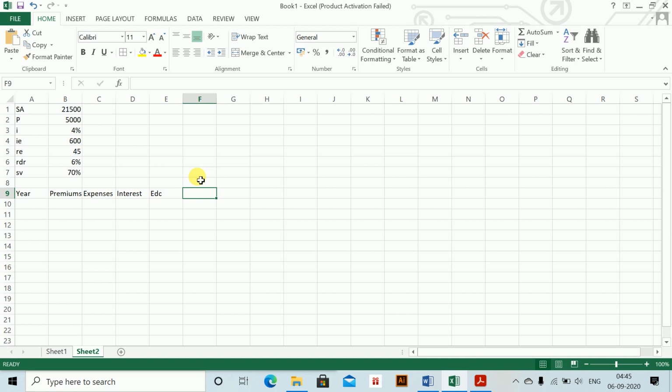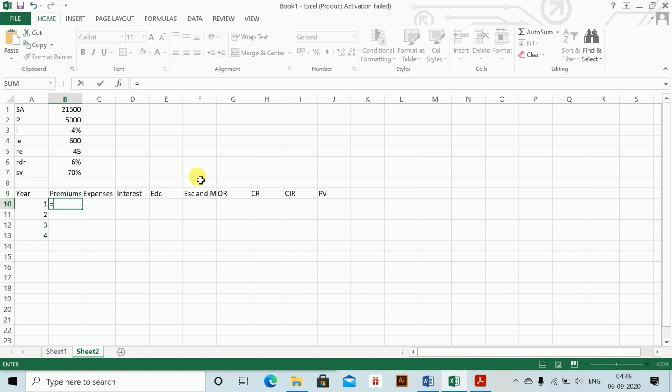Then we have surrender cost and maturity cost. The surrender and maturity cost. Then we have opening reserve, closing reserve, CIR, and profit vector. Okay, so these are the columns 1, 2, 3 and 4.